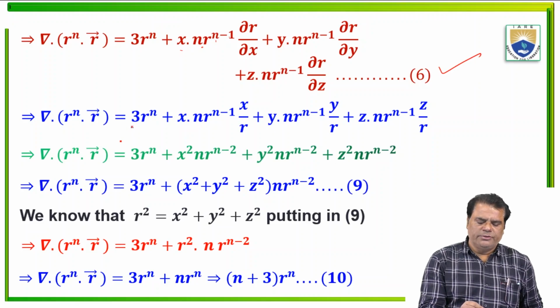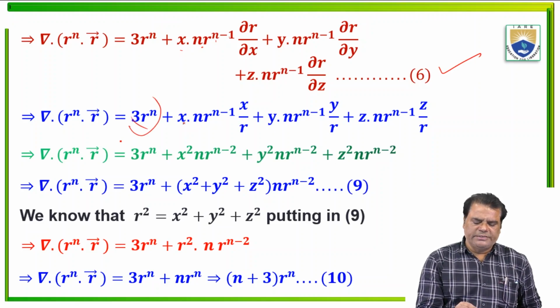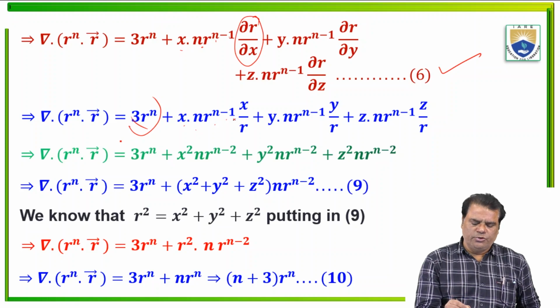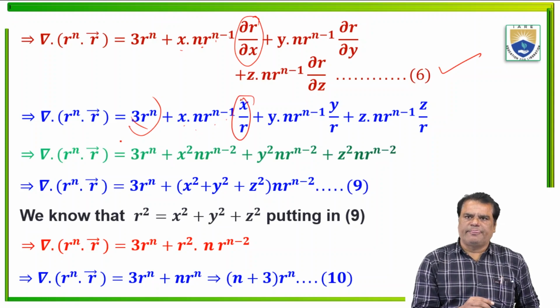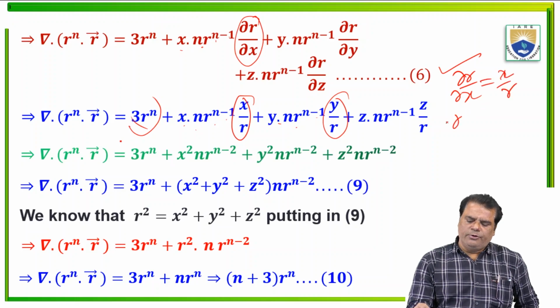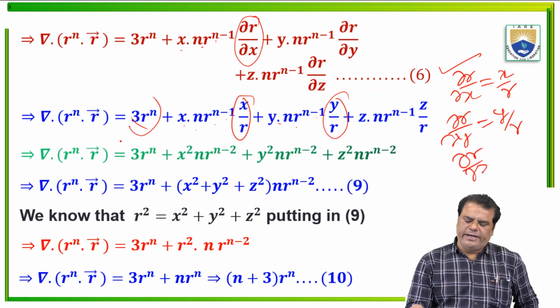Now putting the value: 3r^n plus x n r^(n-1), and this is the value of ∂r/∂x. ∂r/∂x means x/r, plus y n r^(n-1), and ∂r/∂y is y/r, and ∂r/∂z is z/r.